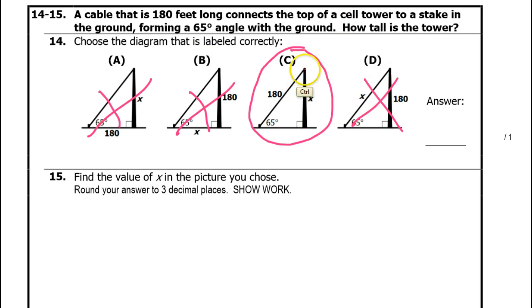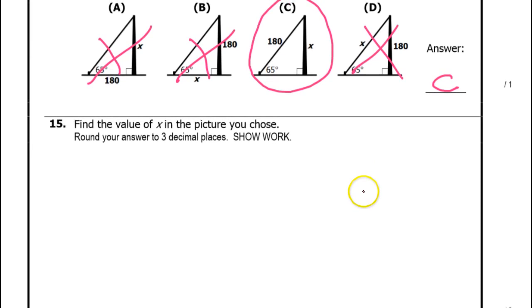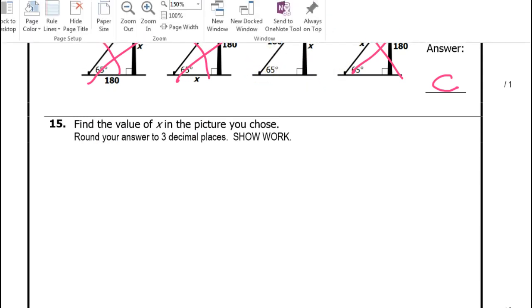Let's look at the other pieces of information. So 180-foot cable. Okay, forming a 65-degree angle with the ground. So that's good. How tall is the tower? We have X on the tower. So C is the correct picture. Now, using that picture, we're going to find the value of X. So let's circle the angle and label the sides.